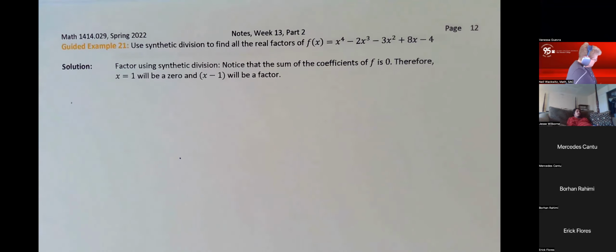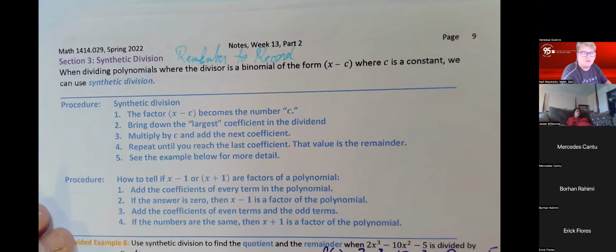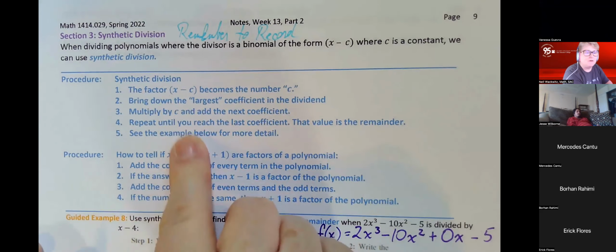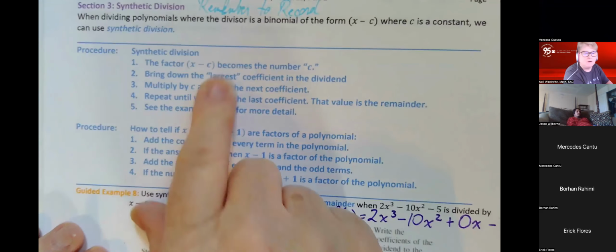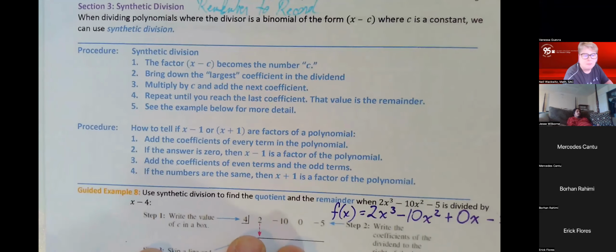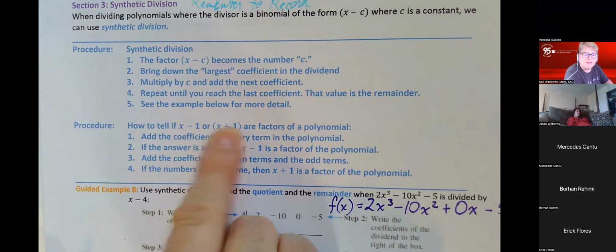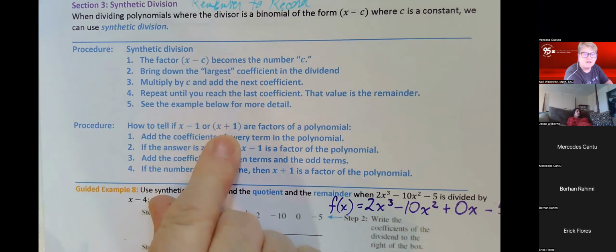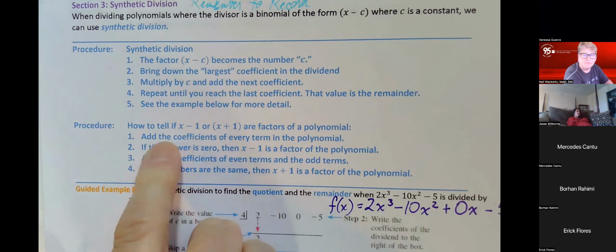Awesome. There was a procedure that I forgot to do. It was on page 9, right under the directions for synthetic division. There's really easy ways to tell if x minus 1 is a factor or if x plus 1 is a factor.